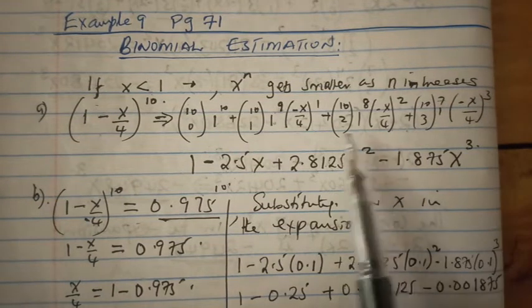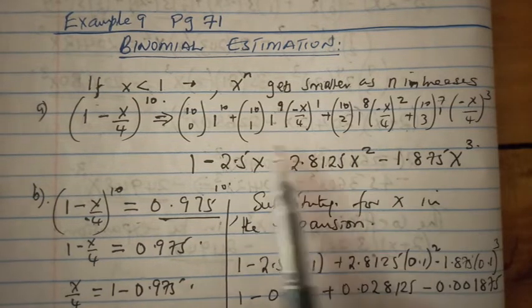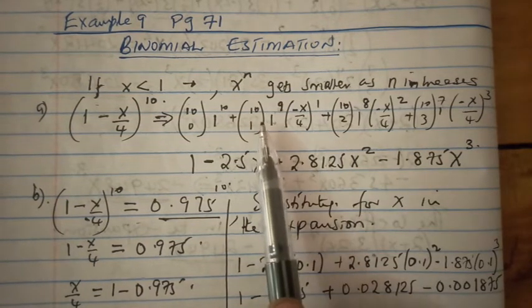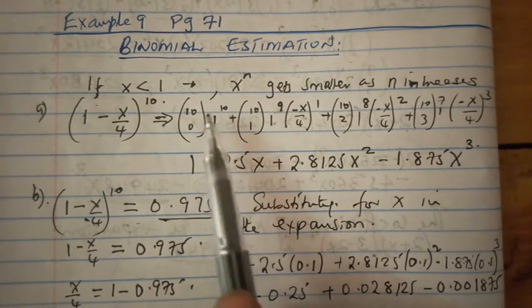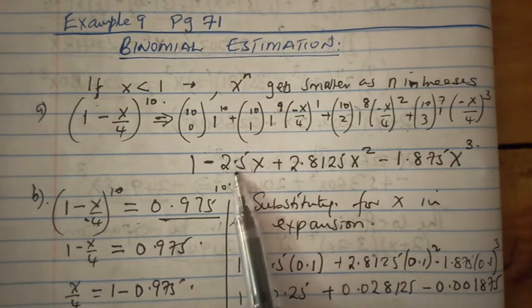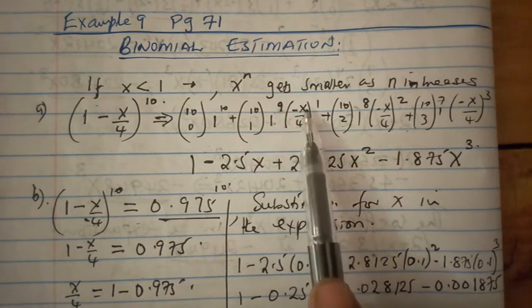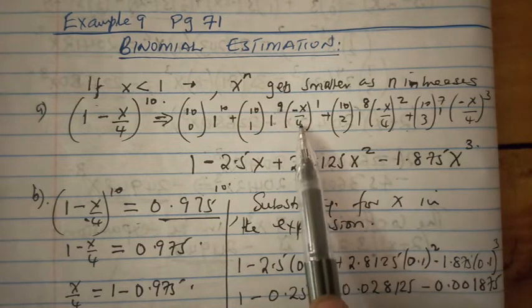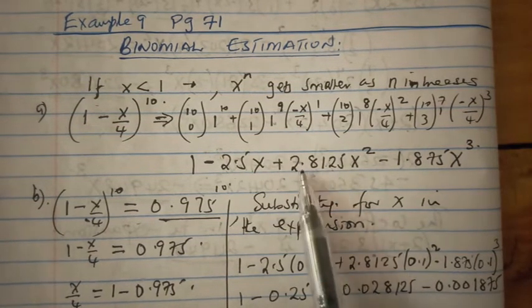Please remember, when we employ the calculator, 10C0 is 1, and 10C1 is 10. Then times 1, because 1 raised to power 9 is 1, and divided by 4, which is negative, we have minus 2.5x.